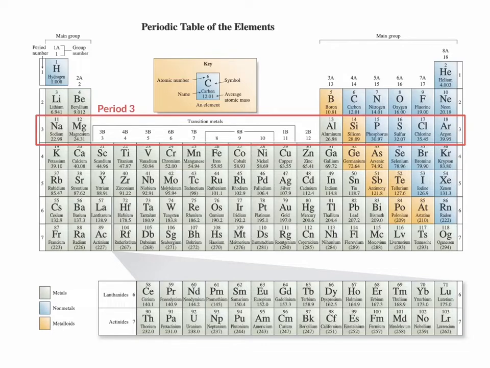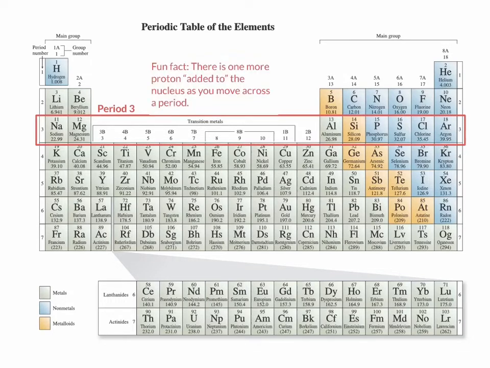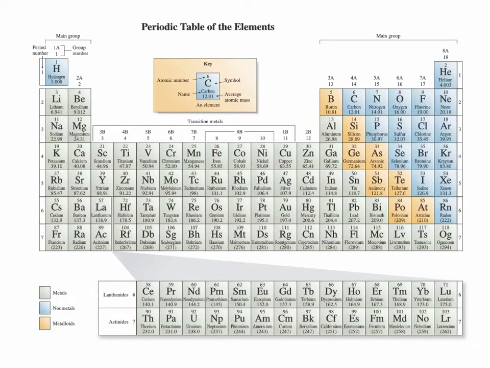Now the rows, we call those periods. That is to say, as you go down the rows on the periodic table, say here you're in period 2, and the next row you're in period 3, and that is the same all the way across the periodic table.